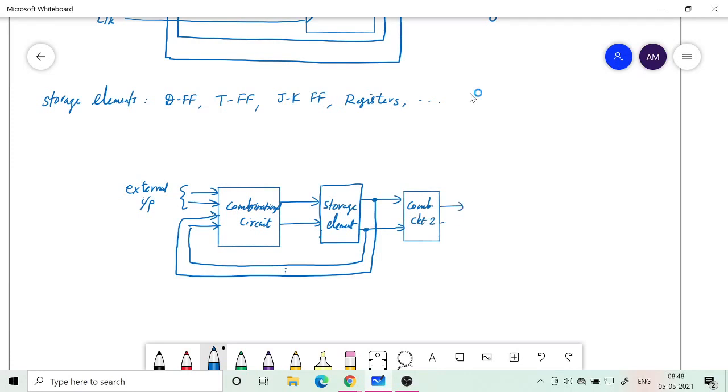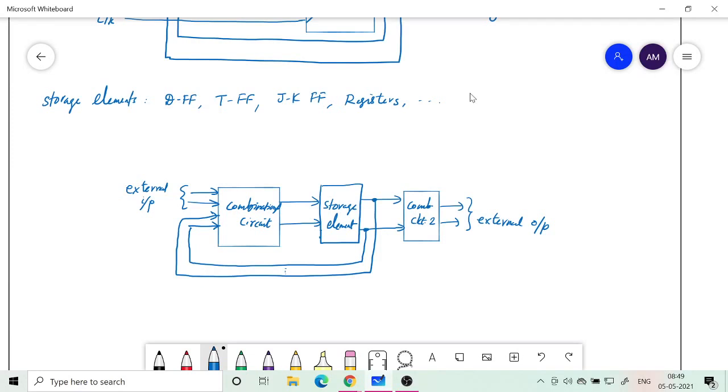Okay, so that gives you the external output. So this is another scenario. There is only a slight difference. I will tell you what the difference is.